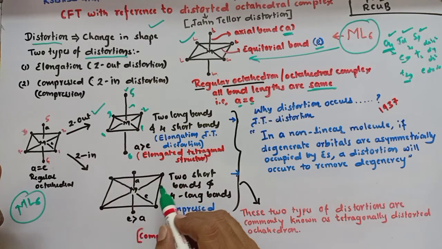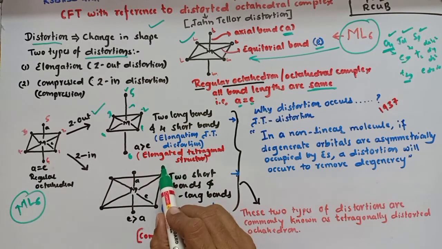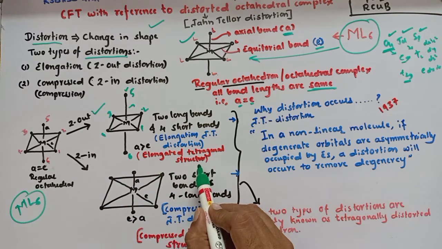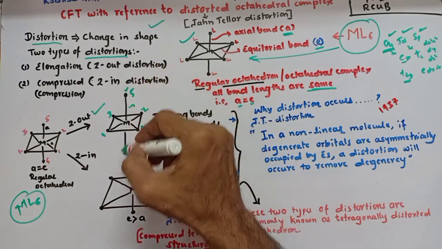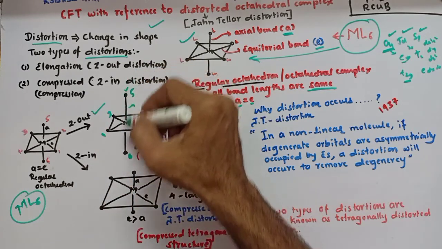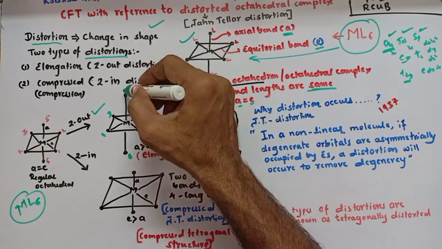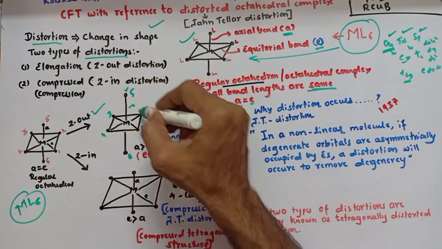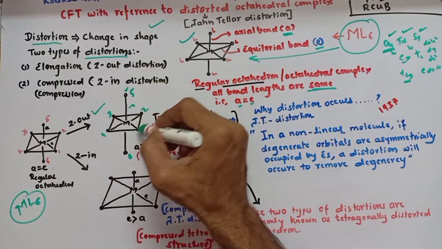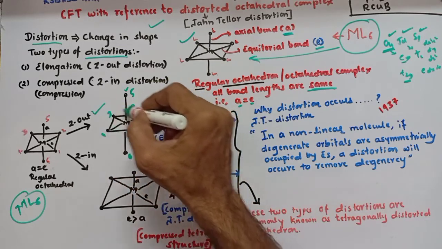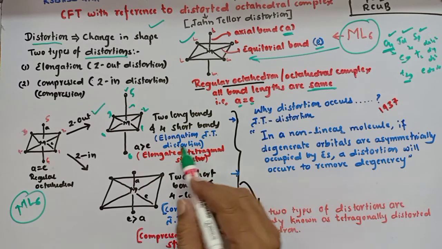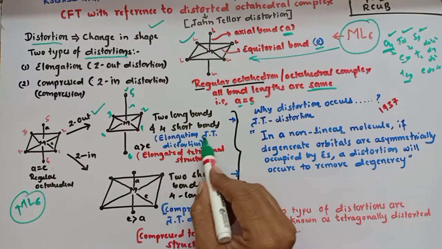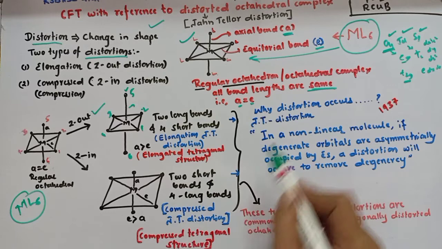Z-out distortion structure is called an elongated tetragonal structure because it is an octahedral complex only, and the elongation takes place along the z-axis. These 2 ligands are a little bit away from the central metal ion when compared to the other 4 ligands present in the xy plane or equatorial position. This is also known as elongation Jahn-Teller distortion, which I will explain later on.